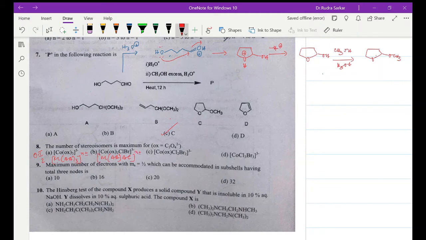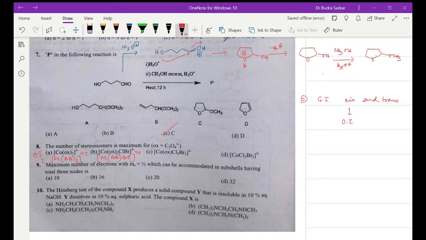okay. So number B will show geometrical isomerism, in which we will say it is having cis and trans, okay, out of which the cis one will be showing optical isomerism.